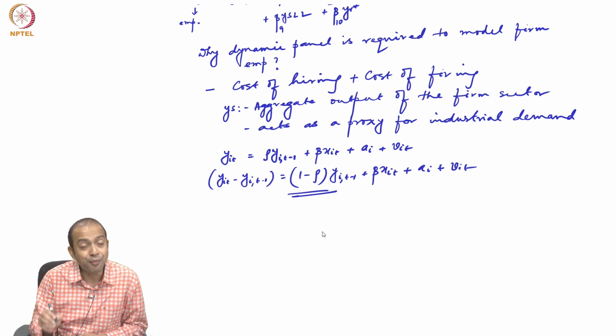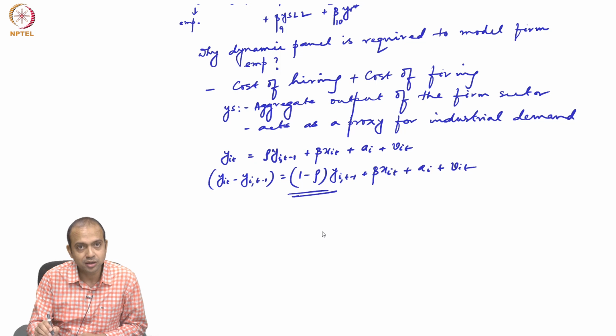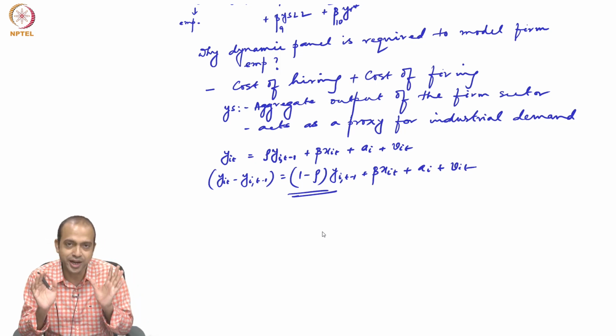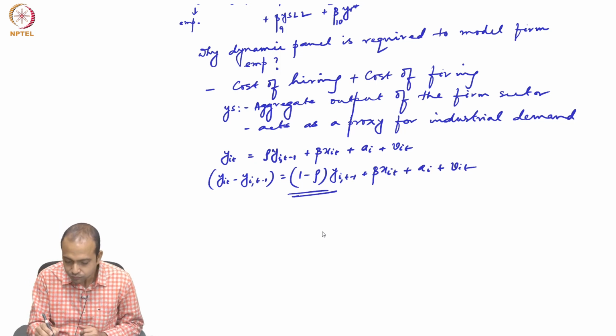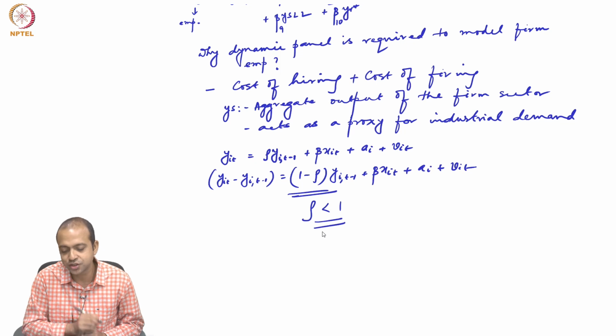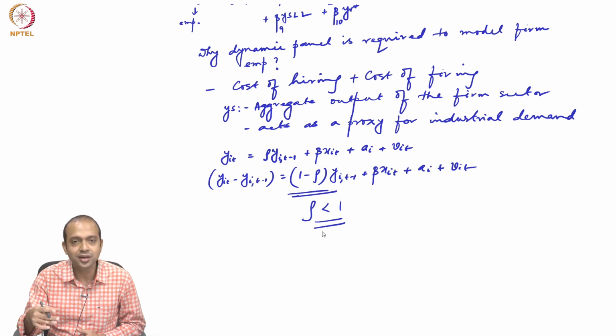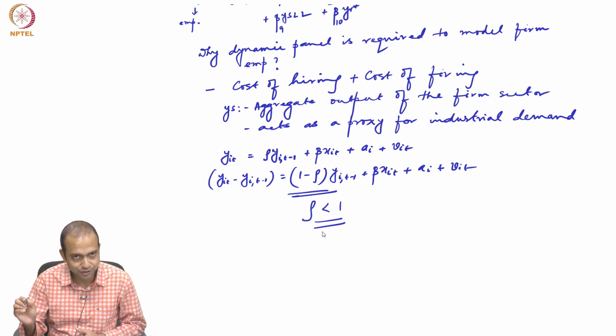So, rho must be less than 1 to have partial adjustment and stability of the dynamic panel data model. That is the condition we require. If rho is greater than 1, then this becomes negative and it will not lead to a stable dynamic panel data model. So, stability requires less than 1, and that is where we said that this is partial adjustment, right.